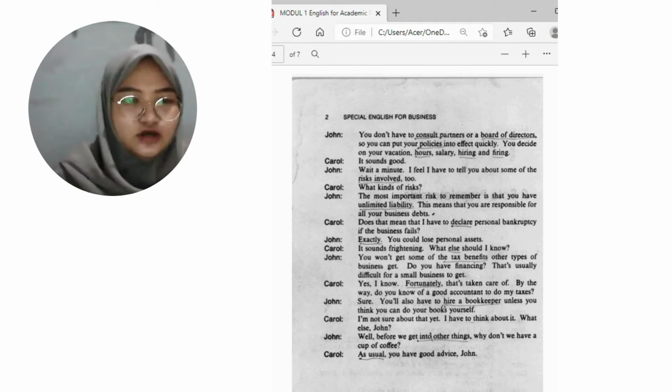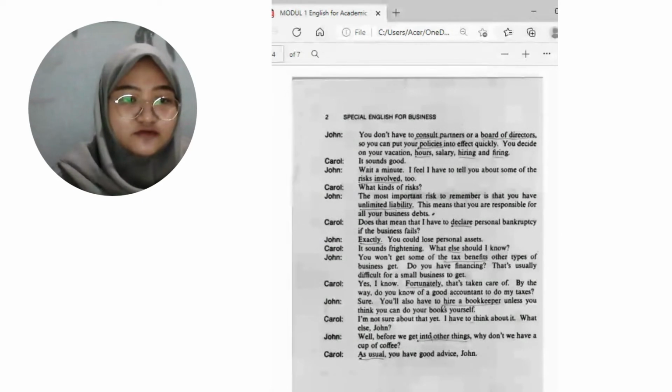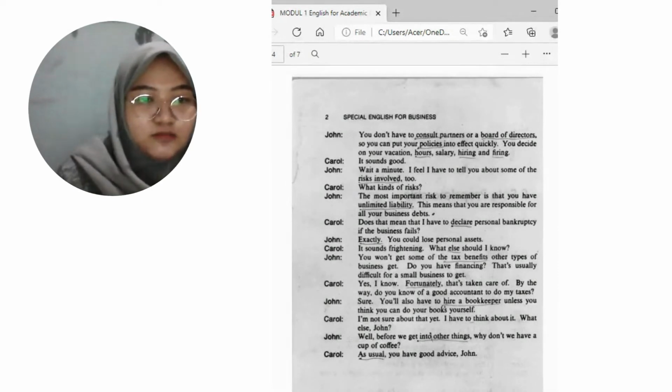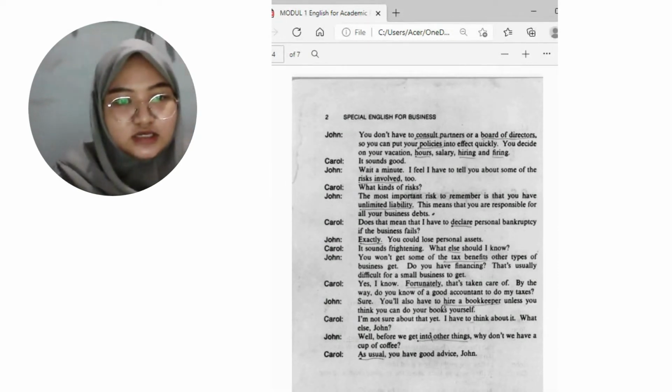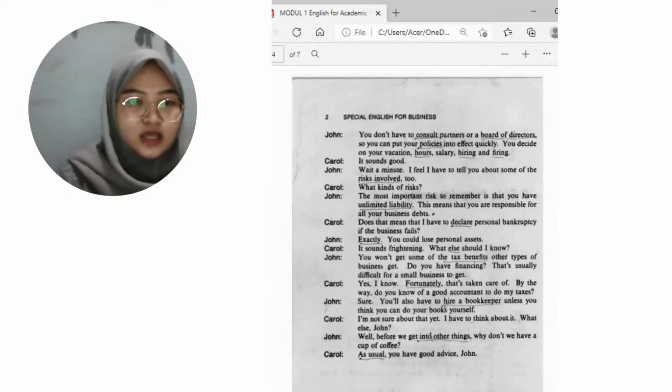Carol: Sounds good. John: Wait a minute. I feel I have to tell you about some of the risks involved too. Carol: What kind of risks? John: The most important risk to remember is that you have unlimited liability.